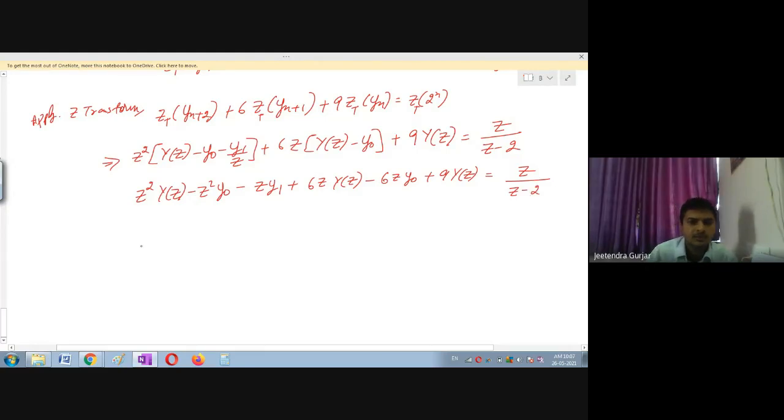Okay, now you take out all Y of z on one side. So here we have Y of z, here we have Y of z, here we have Y of z. So what will be there in the bracket? Common part. So it is z square plus 6z plus 9.